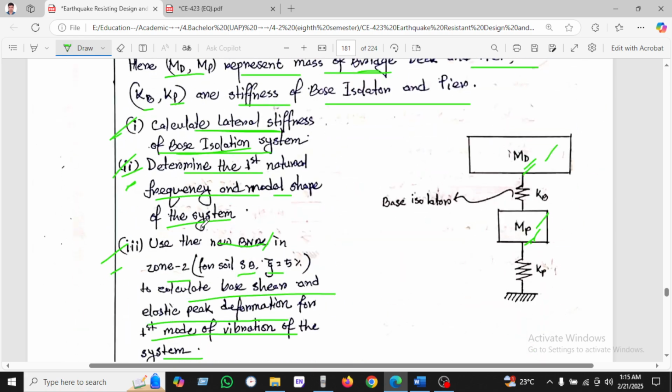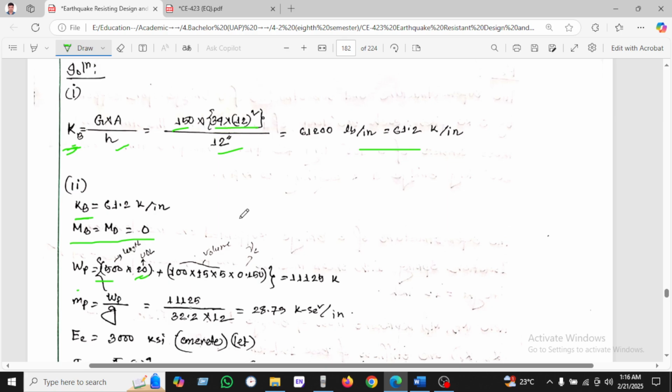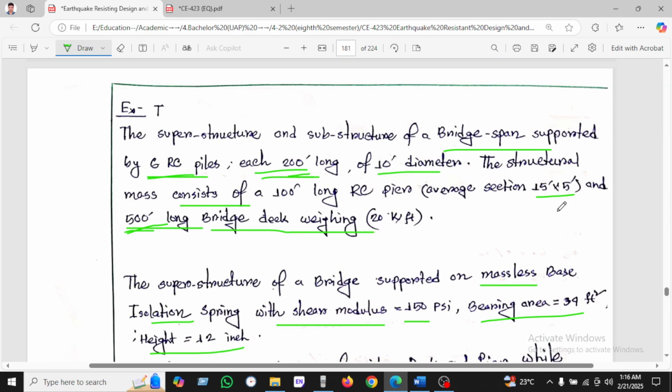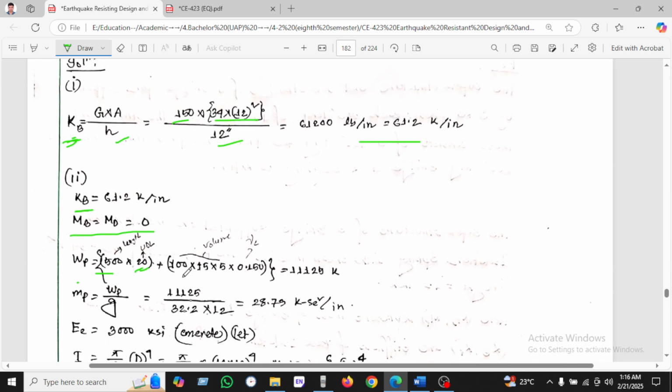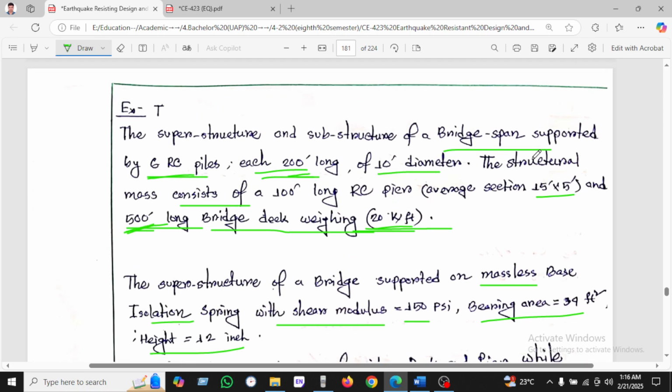These are 500 feet long, and the 20 is given in UTL, so it will be mass, and 150 into 5. This is the volume, 150 into 5. So we know the 100. This is the 100, and 50 into 5 is given. 100 feet is along with the RC pier, and the average section is given also.